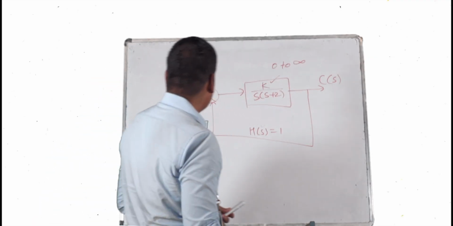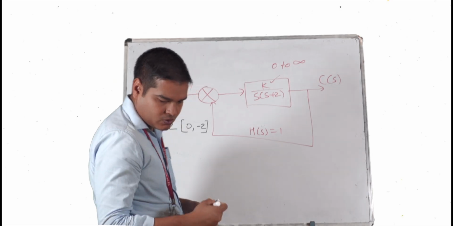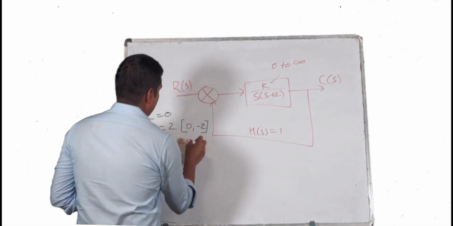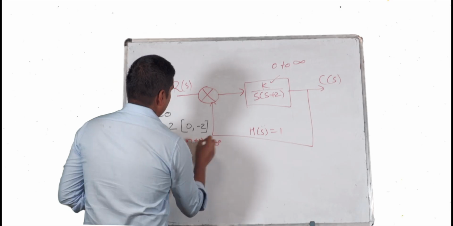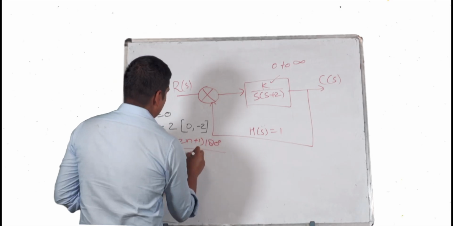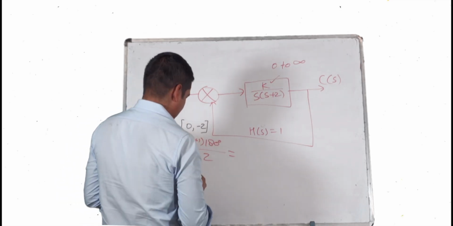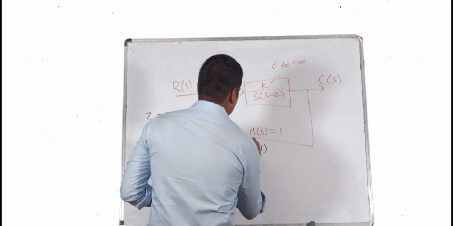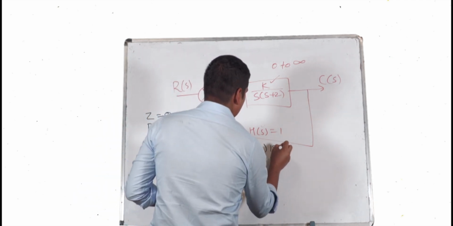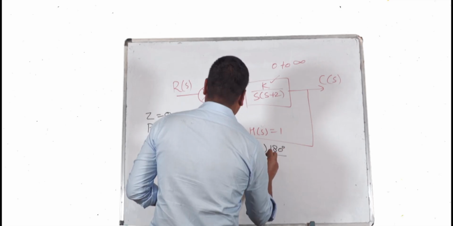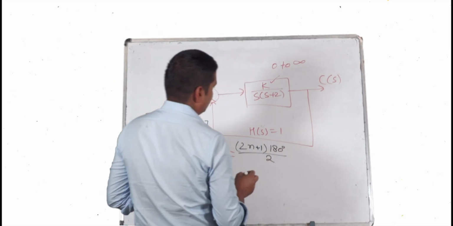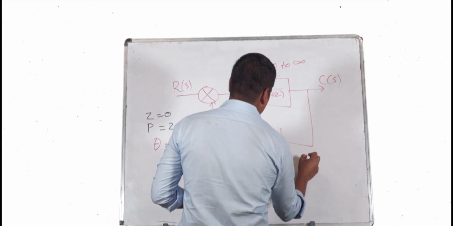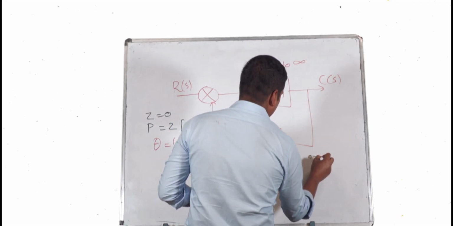Here first we will try to find out the angle of asymptotes. The angle of asymptotes theta is (2n plus 1) 180 over p minus z, which will be nothing but 2n plus 1 over p minus z, where p minus z is 2 minus 0, that is 2. So n will be varied from 0 and 1.